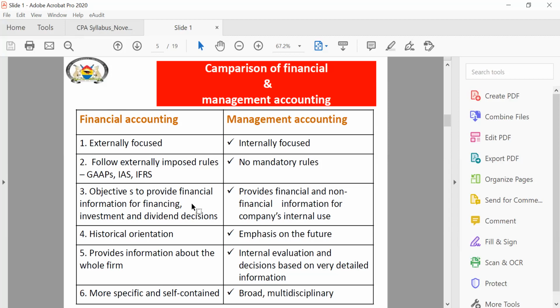But when it comes to management accounting, it is focusing on internal use, management, and you'll find that it embeds financial and non-financial information. Why it embeds these two is because management does not just make decisions based only on financial information.